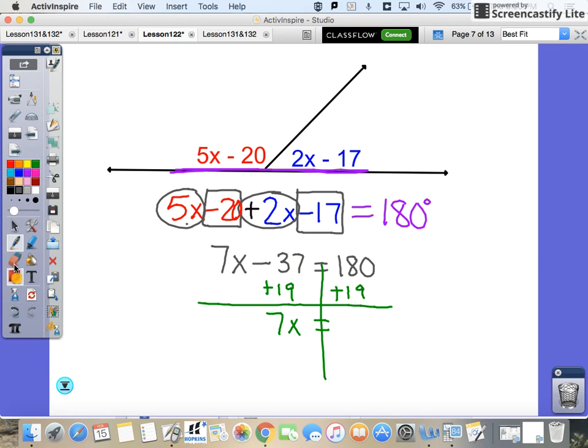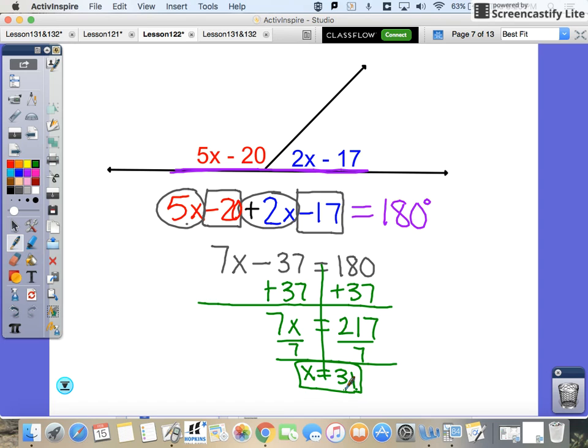So that means here, we need to add 37. I'm sorry, you guys. So again, I accidentally copied that as a 2 instead of a 20. So here we get 217. And then we need to divide by 7, divide by 7. X equals 31.